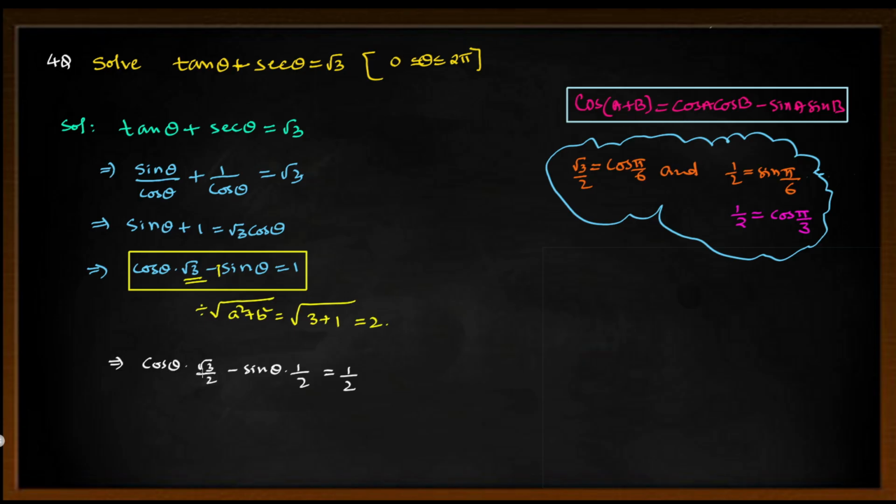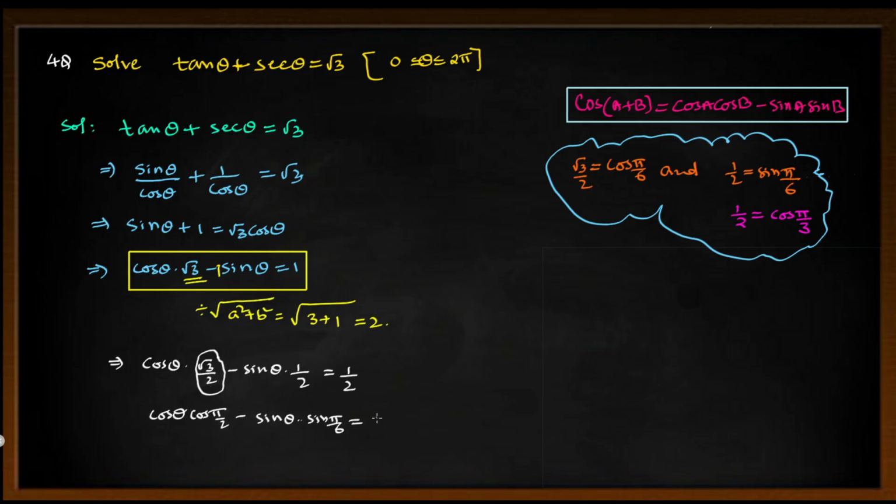Root 3 by 2 in terms of cos is cos pi by 6, and 1 by 2 in terms of sine is sine pi by 6.